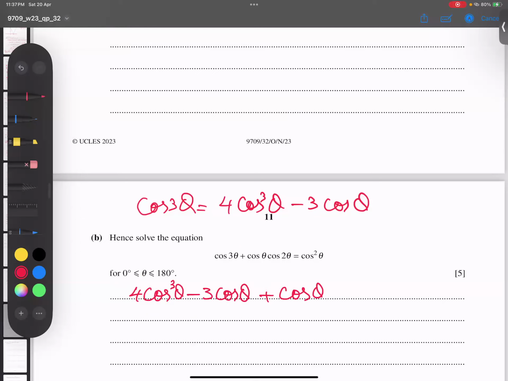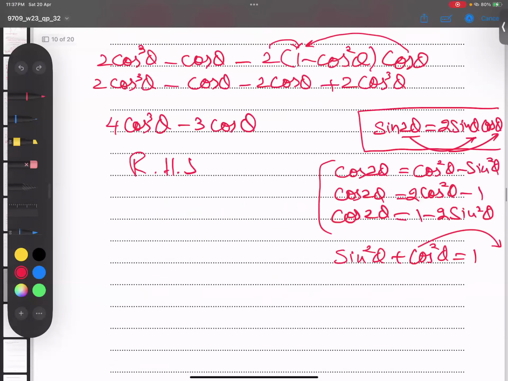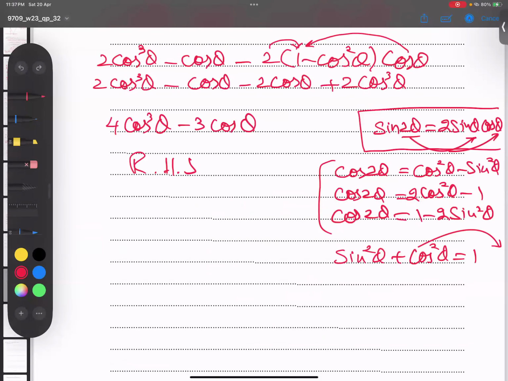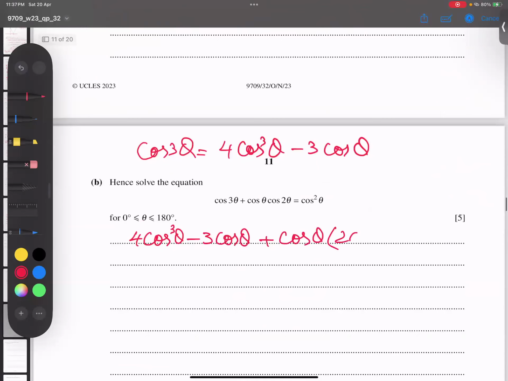Now the further part, cos theta. Now student, this is another trouble we have. This is a cos double theta. Single theta is not an issue. Now how to get rid of this problem? Again, we have 3 formulas, but the middle one will help us. So I'm writing here 2 cos square theta minus 1 equal to cos double theta.